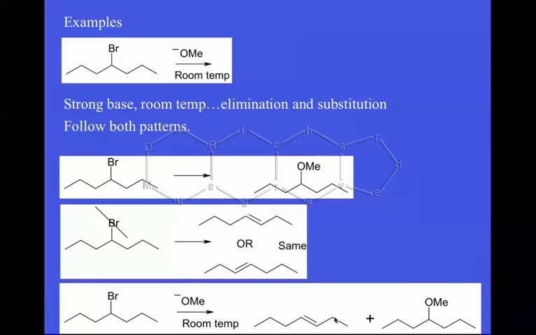And we can get the elimination product as well. So this process will lead to two products, one elimination product and one substitution product. And we don't know how much of each we're getting, all we know is we're getting some of each of those.